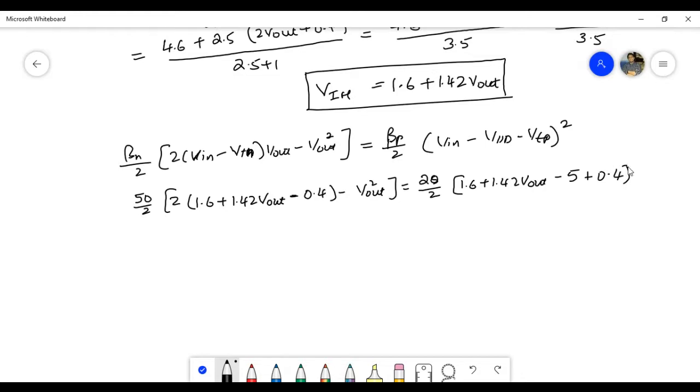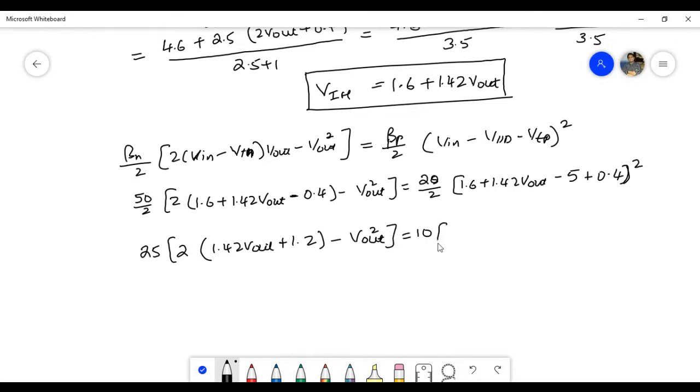So 4.5, it will become plus, right? Whole square. So it is 25. So it will be 1.6 minus 0.4 will be how much? 1.42 V out plus 1.6 into minus, it will be plus 1.2. Okay, V out square.